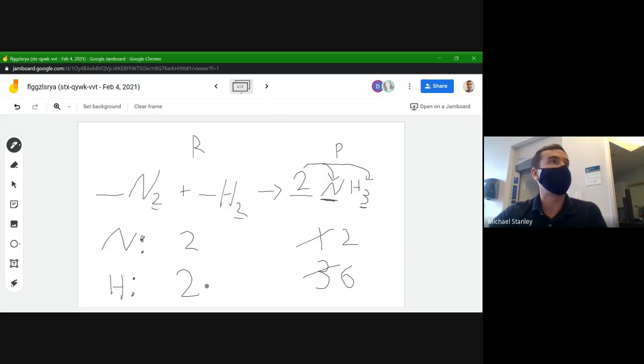Our H's, though, are pretty unbalanced. We have 6 H's over on the product side. I don't really want to mess with this number anymore if we don't have to, since our N's are nice and balanced. So is there anything we could do on the reactant side to make there be 6 H's?